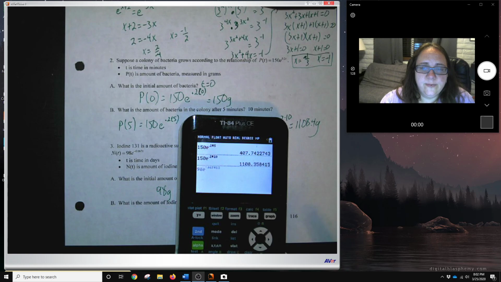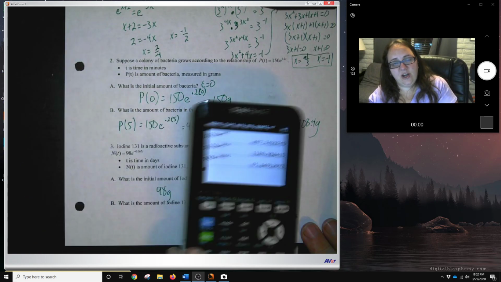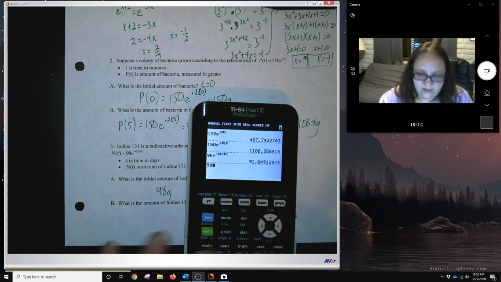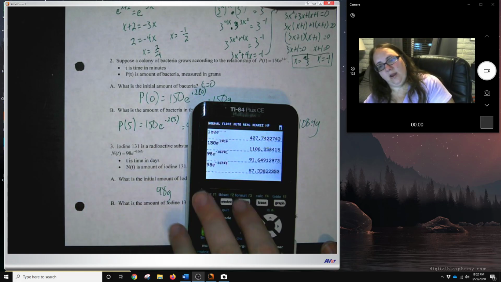You would have 91.6 grams. After 8 days, you would have 98 e to the negative 0.067 times 8. You would have 57 grams.